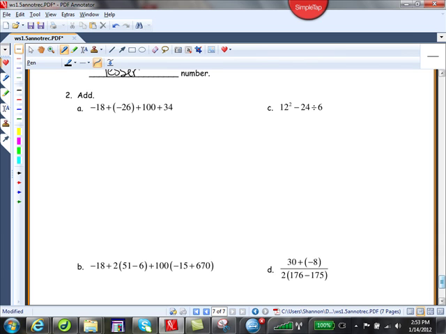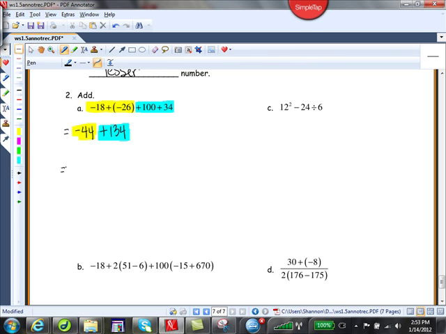Okay, let's see how you did. This one will be, we can do the -18 plus the -26 to get -44. So this sum ends up in this result. And then the 100 plus 34, of course, is positive 134. So this here results in this guy.